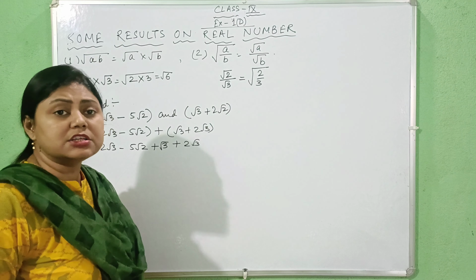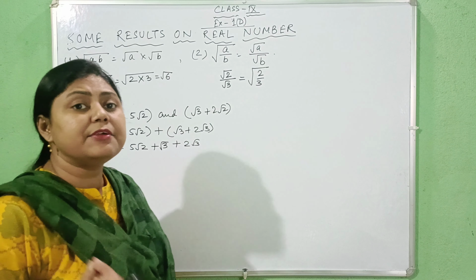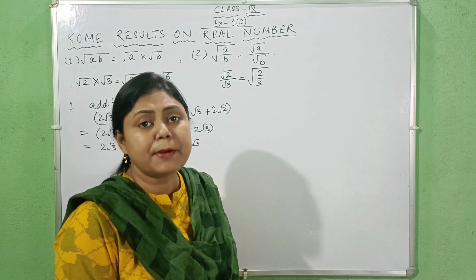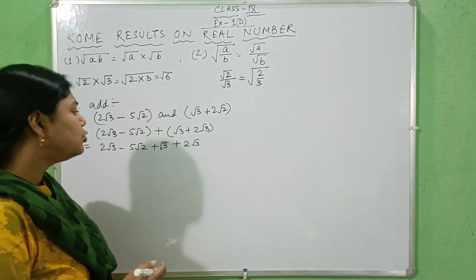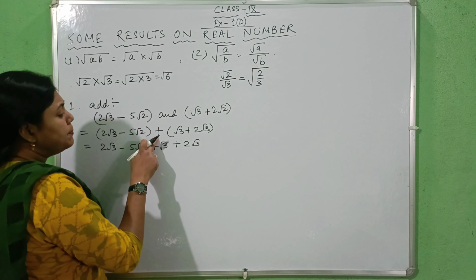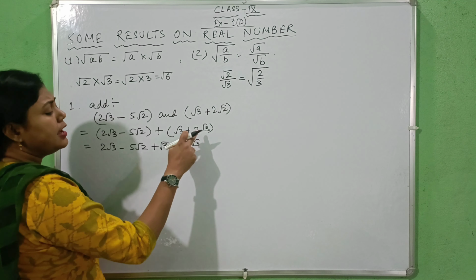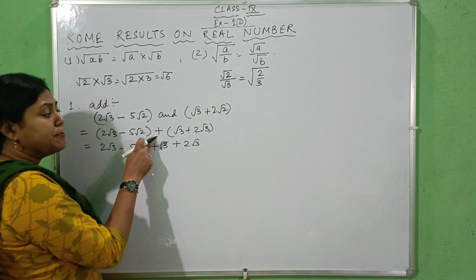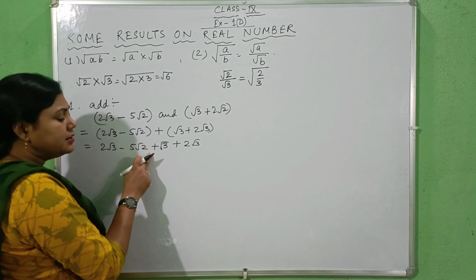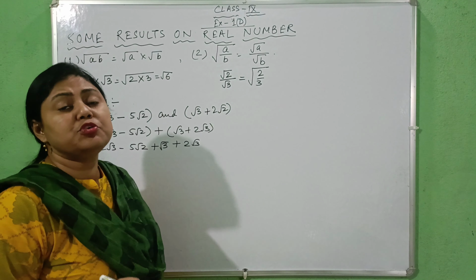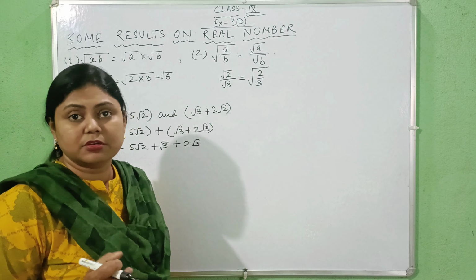As you know, minus will give you the opposite of all the signs inside the brackets. So how to do it? Plus root 3 is giving plus root 3, plus 2 root 2 is giving plus 2 root 2. But if it will be minus, then it will give you minus root 3 and minus 2 root 2. So in this case, you need to be very careful.